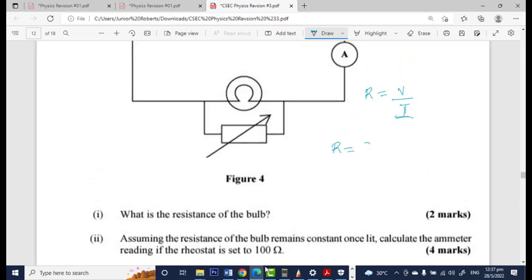So we're going to say 3 volts divided by 0.3 amperes. So therefore R is what? 10. 10 what? Amperes. No. Ohms. Right? 10 ohms.